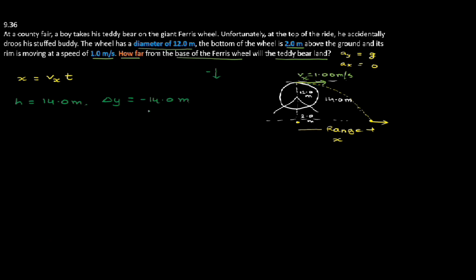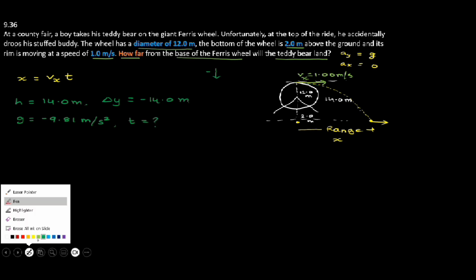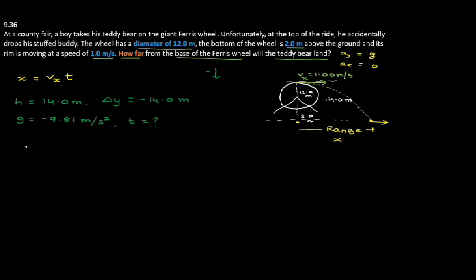So delta y is negative 14.0 meters. Acceleration along the y-axis is acceleration due to gravity g, which is negative 9.81 meters per second squared. Negative again because g is pointing down. I need to find time t. So we use the third equation of motion that says delta y equals v initial along the y-axis times t plus half a t squared.